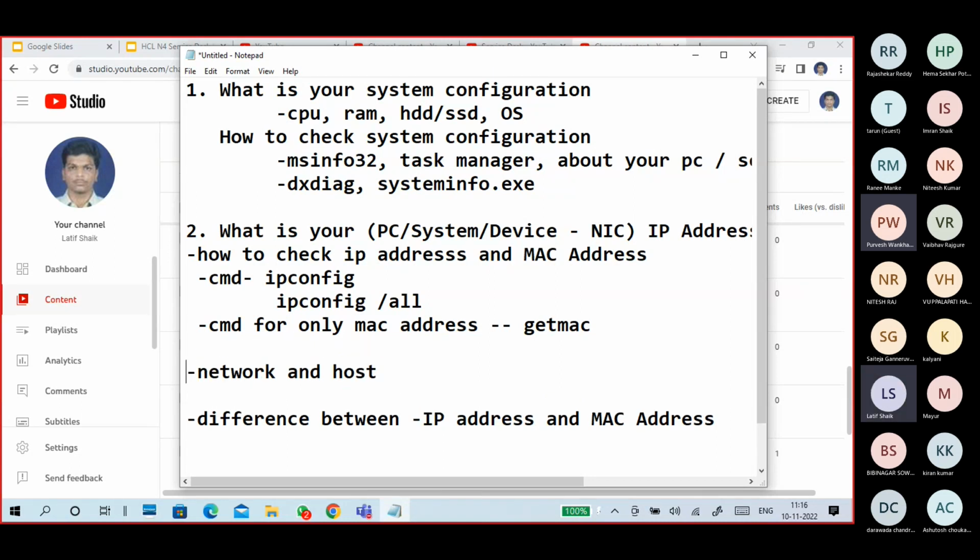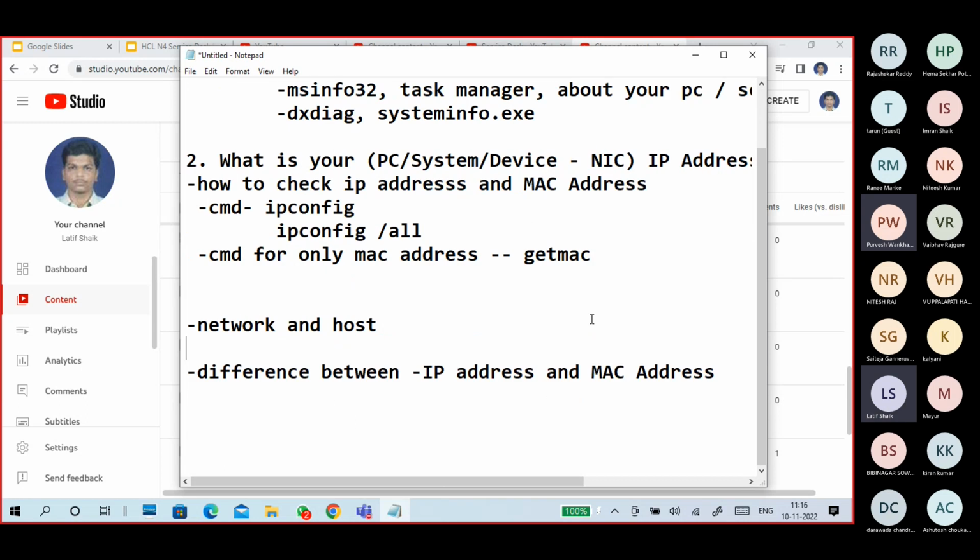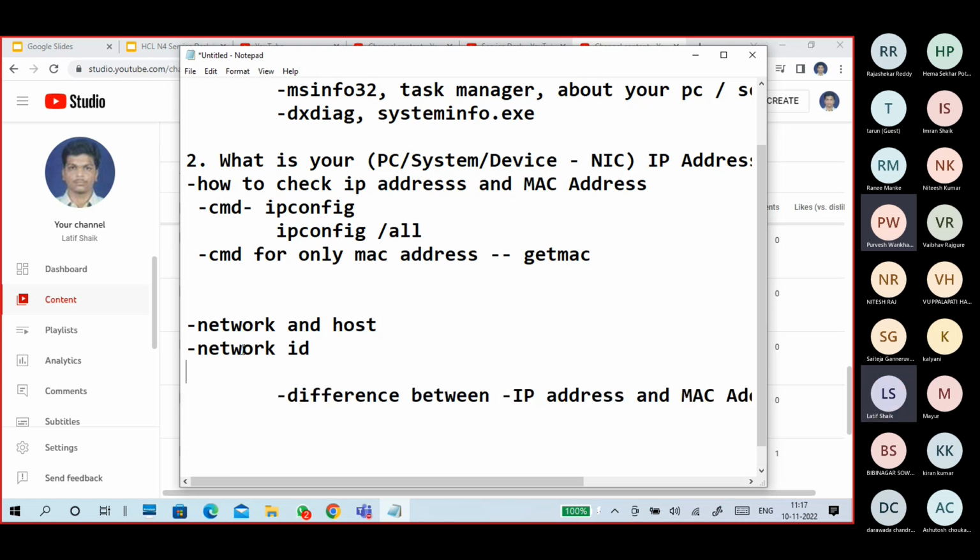The subnet mask is used to divide the host and network portions, and also to find the network ID, sorry, not MAC ID. We can use it only to find the network ID.